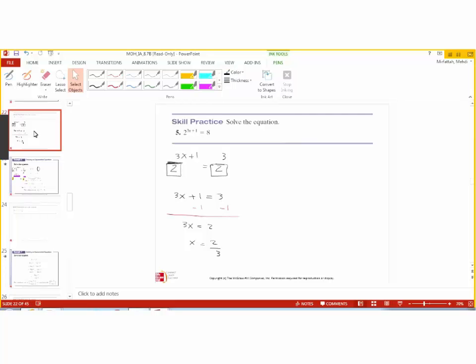Okay, over here, the goal is to make the base the same. So you see how the base here is 8 for the right hand side, and the base here is 2 for the left hand side. So the goal is to make the base the same. I can make 8 look like 2 if I write it as 2 to the power of 3.